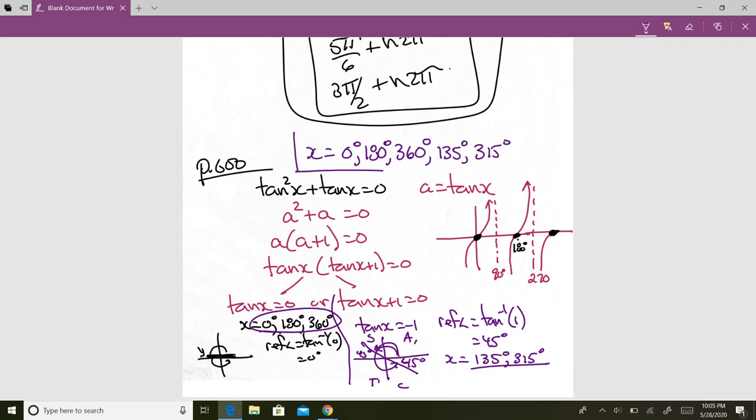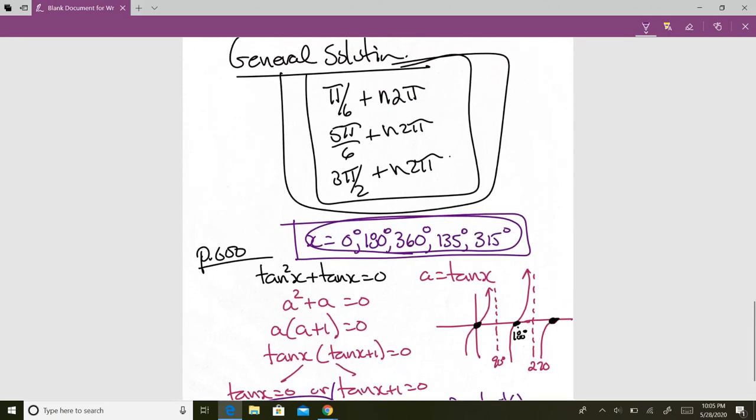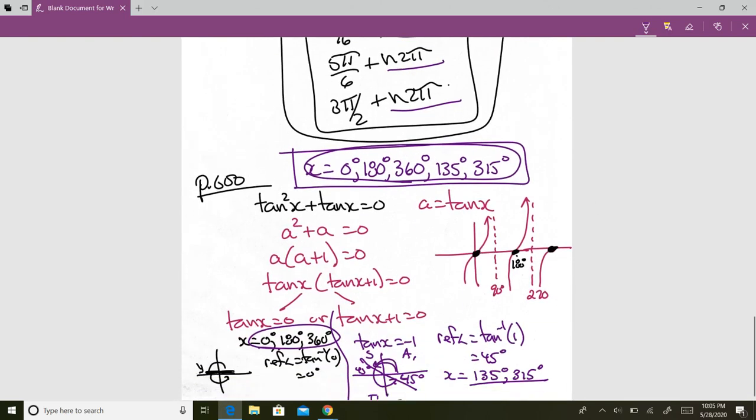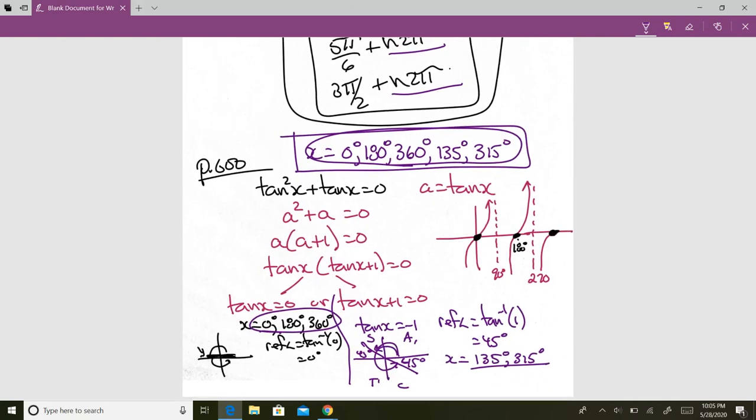So we actually have 5 answers on the domain 0 to 360, or 2 pi, sorry, 0 to 2 pi. Now, if they ask for the general solution for this, remember you take all these answers and you just go multiples of the period. But for a tan graph, what is the period? Hopefully you remember, it's 180.